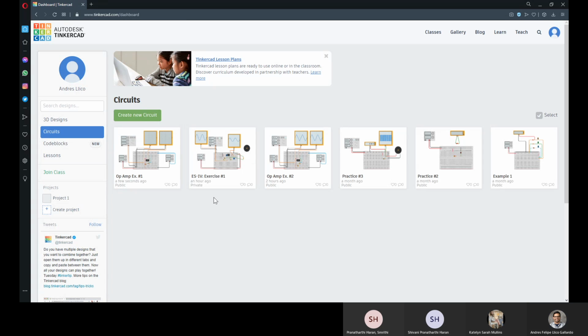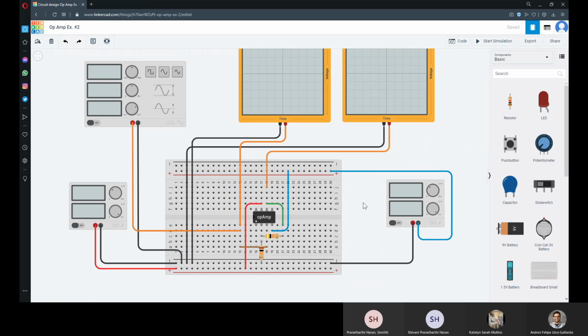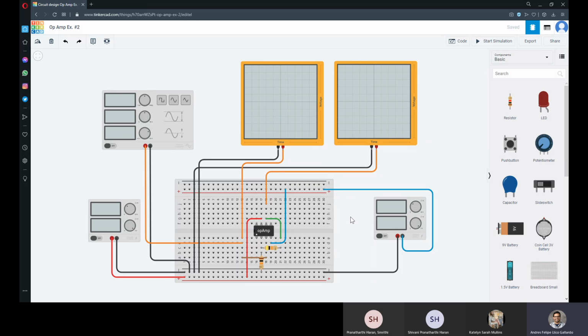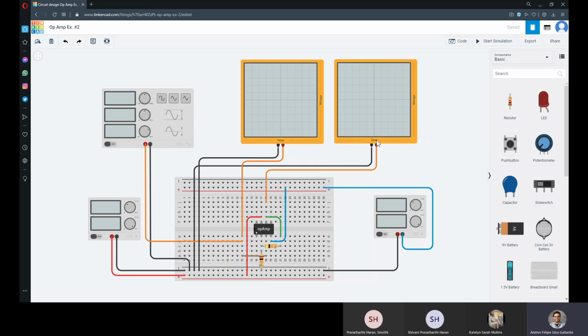Now, the other example is the non-inverter configuration. Again, unfortunately, I couldn't show you that the other one was an inverter because of how the oscilloscopes are set up here. Once again, the overall setup remained the same.